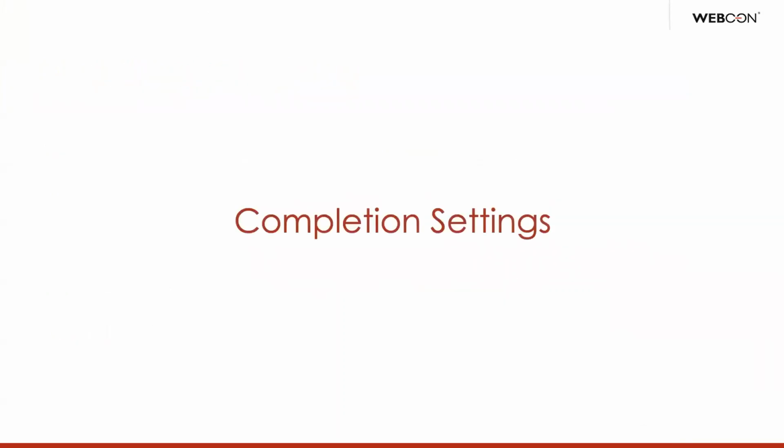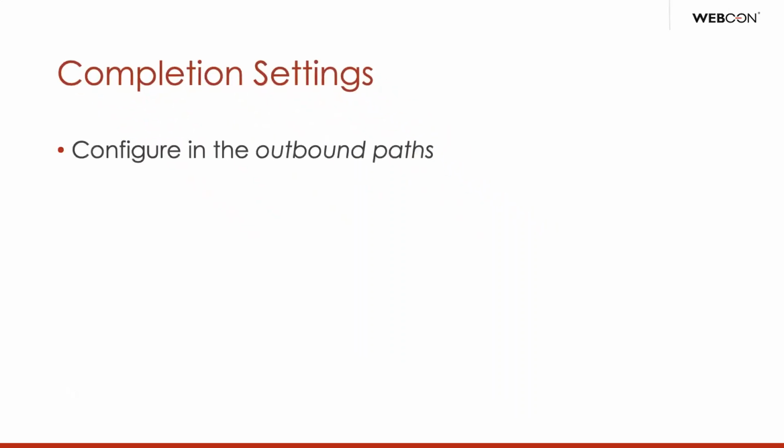Now, let's move on to completion settings, because I don't necessarily want this to be the first person who responds to it. I may have more interesting requirements than that. So we will know that it is completed by any configuration steps we make in the outbound paths.